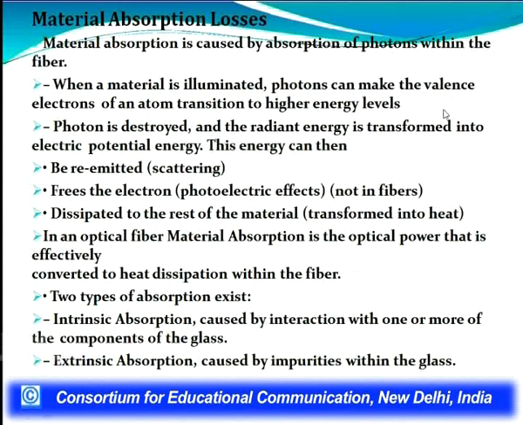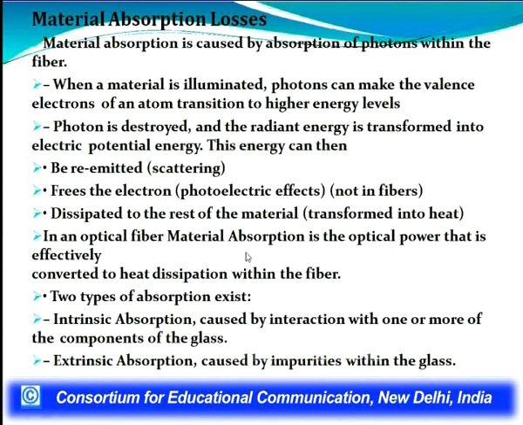It means that when the material is illuminated by the light falling into the optical fiber, the photon is destroyed. The radiant energy is transformed into electric potential energy. This energy can be re-emitted or scattered.